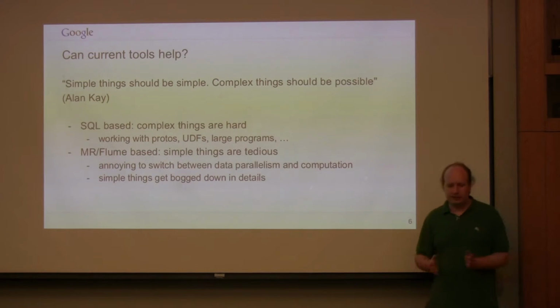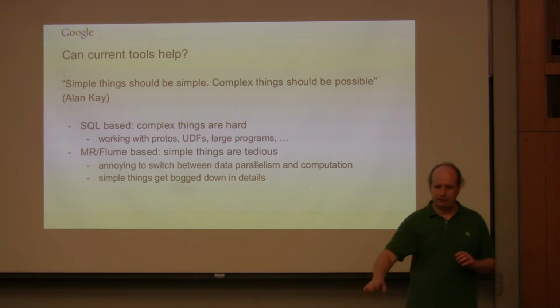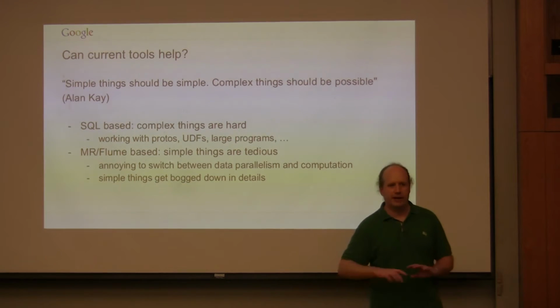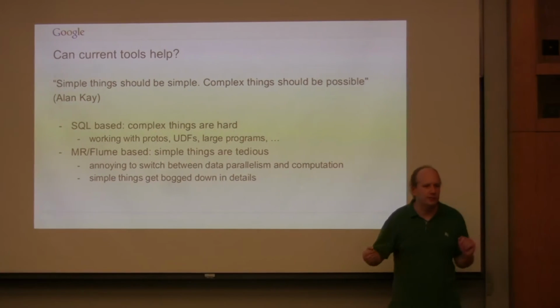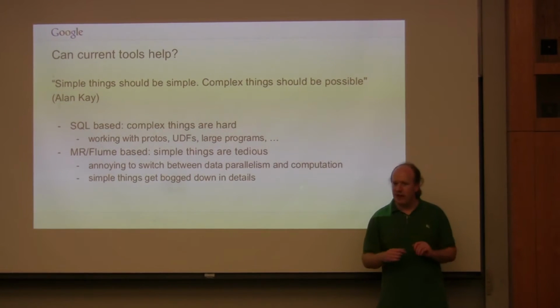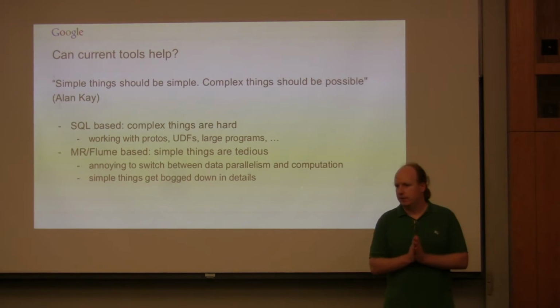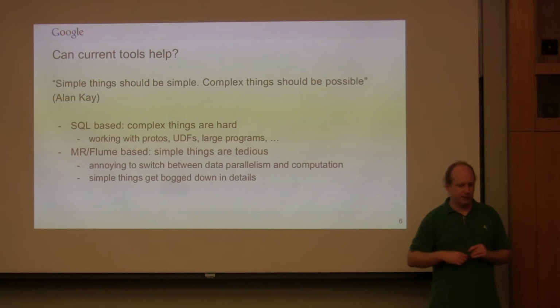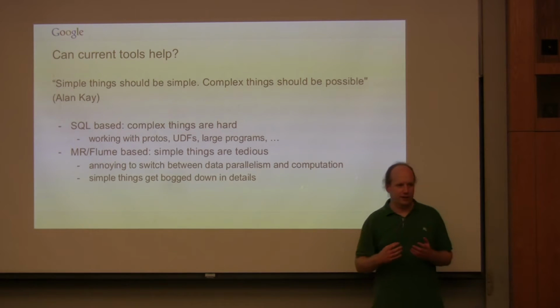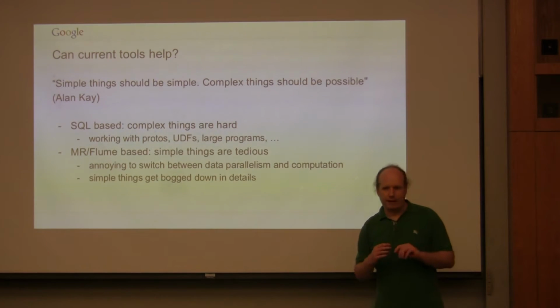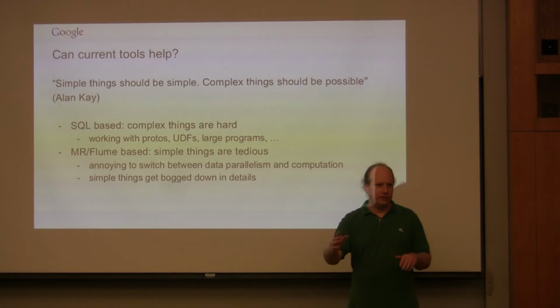Now you might say, okay, there are a lot of tools that we have. We have SQL databases, we have NoSQL, we have all kinds of fancy stuff. Why don't we just use that? The problem is that, in my opinion, these tools don't really cut it. Think about something SQL-based. You can do simple things fairly easily. But could you really figure out complex parse trees and things like that?